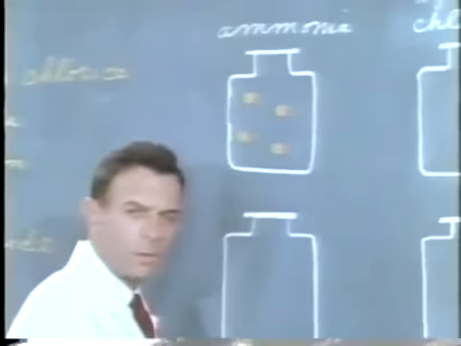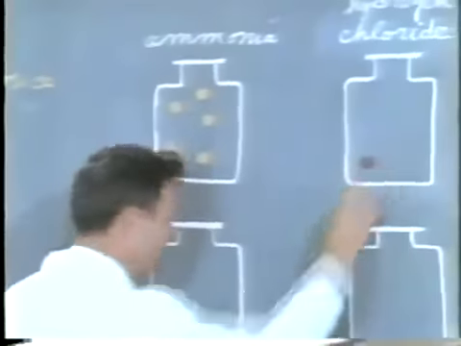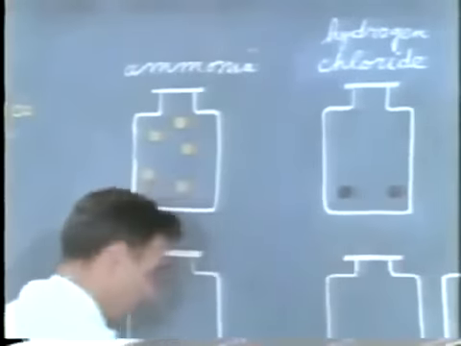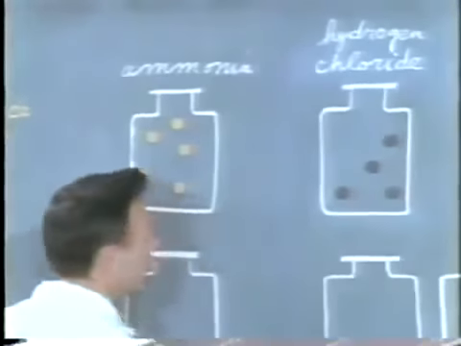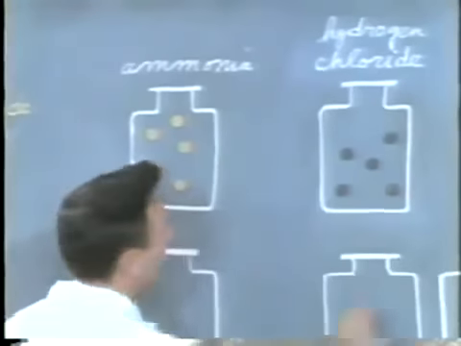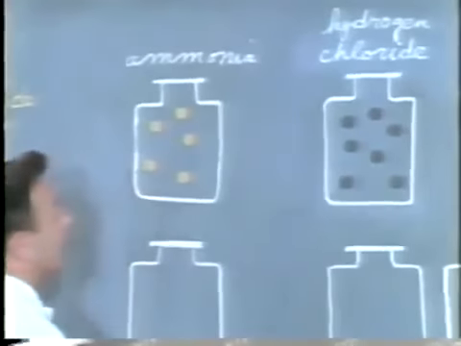Chemists call these particles molecules. Hydrogen chloride consists of particles or molecules as well. But these molecules differ somehow from those of ammonia. The chemical properties of these two gases are different.